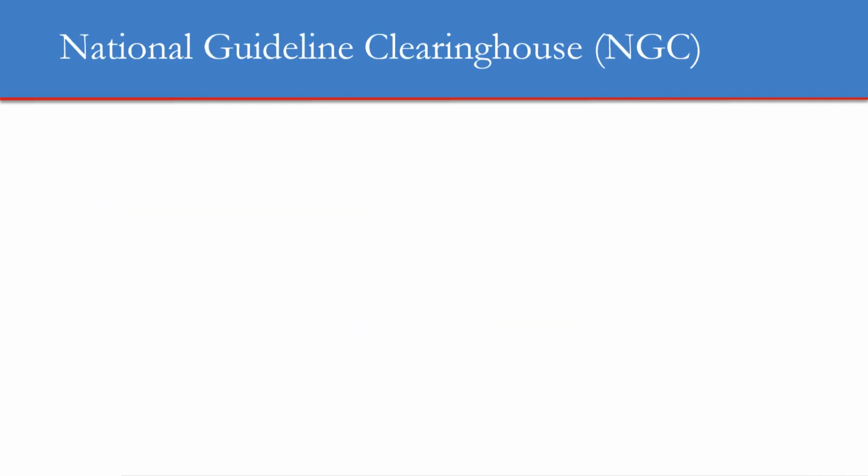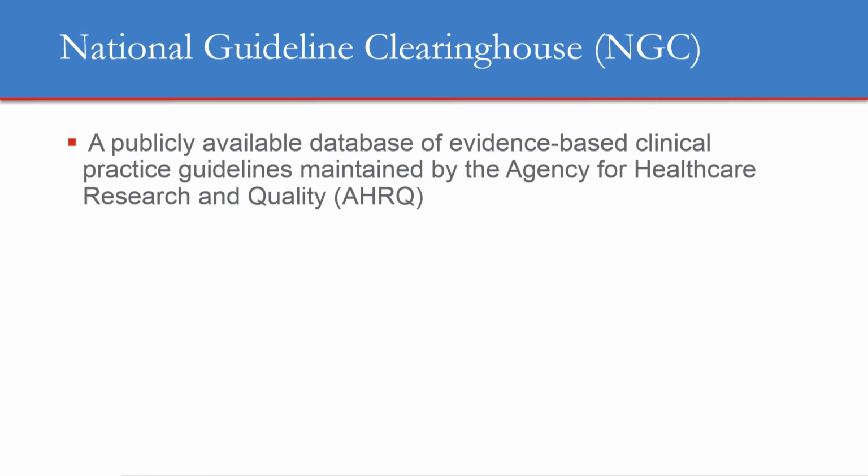Many organizations develop clinical practice guidelines. Guidelines that met a certain set of quality criteria are included in a national database called the National Guideline Clearinghouse. This is a database of publicly available evidence-based clinical practice guidelines maintained by the Agency for Healthcare Research and Quality.